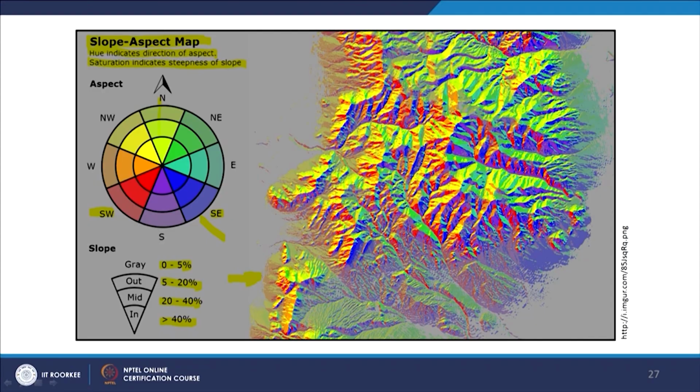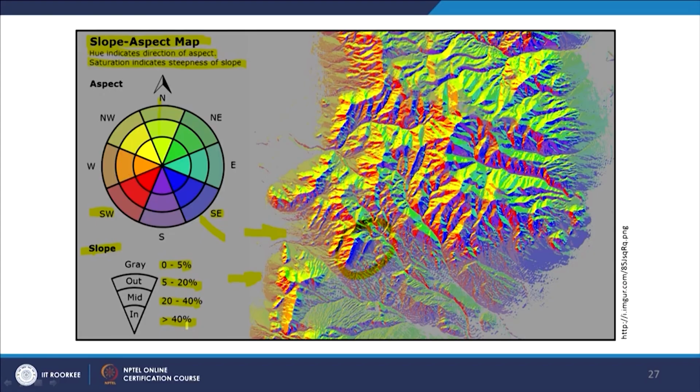If I am getting fully blue colors, like here, then the slopes are facing towards southeast, and in terms of percentage, the slope is more than 40%.